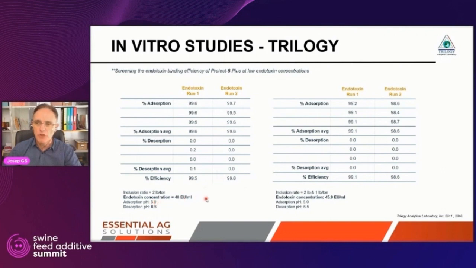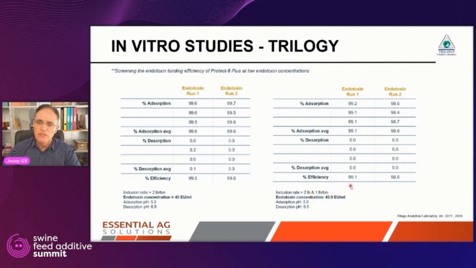The idea is the product binds the endotoxin at the initial pH, in this case 5.5, which is normally the initial pH of the upper intestine in swine. And then the idea is that once the product binds the endotoxin, it should keep it bound regardless of the change of pH that occurs through the normal transit of food through the gastrointestinal tract. So we tested the product at half a kilo or 1 kilo, or 1 pound or 2 pounds per ton.